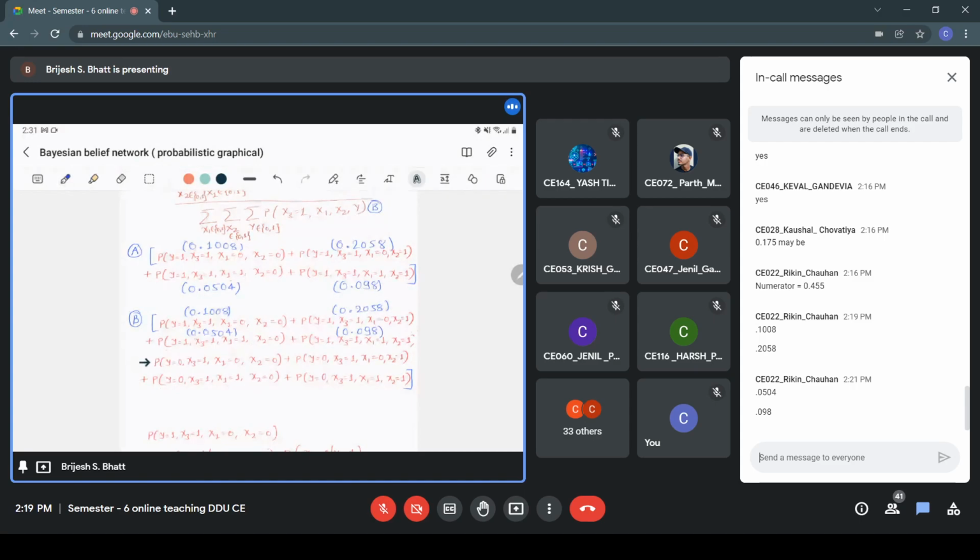Now what about this value? Can anyone calculate and answer this value? Probability of y equal to 0, comma x3 equal to 1, comma x1 equal to 0, comma x2 equal to 0.